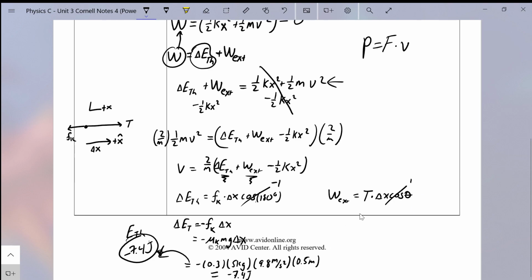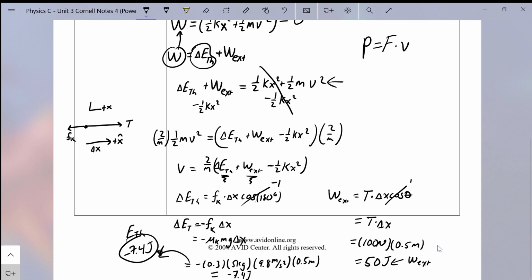The work done by the external force is just T times delta x, which is 100 newtons, the T they gave us in the problem statement, times delta x of 1/2 meter, and the total is 50 joules. This is our work external.